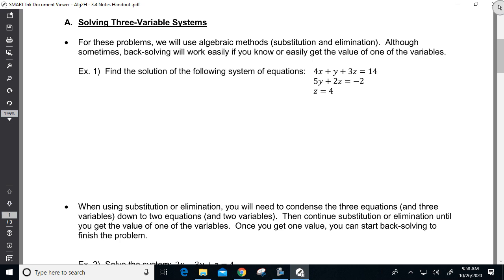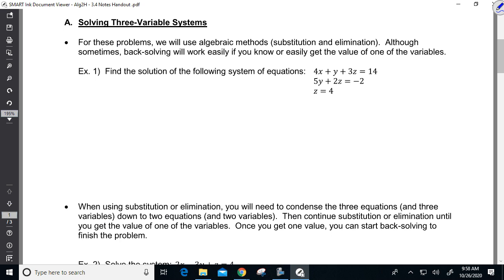We're going to start with a very basic one. When you have three equations and three variables, you want to get one answer. If you can get one answer, then you can start back solving, plugging it in and working backwards.